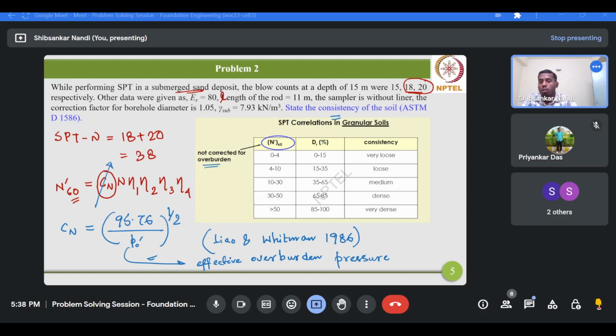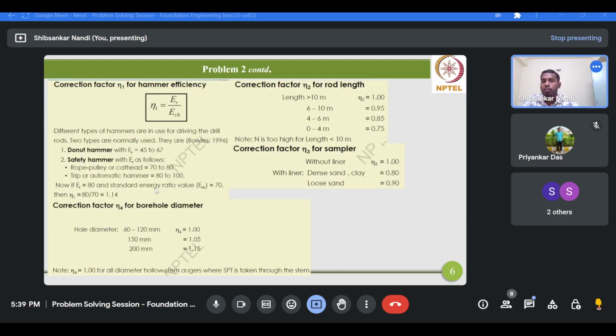Now, what about the other correction factors like eta 1, eta 2, eta 3, eta 4? For that you have to go for some charts which are also given in the lecture materials.